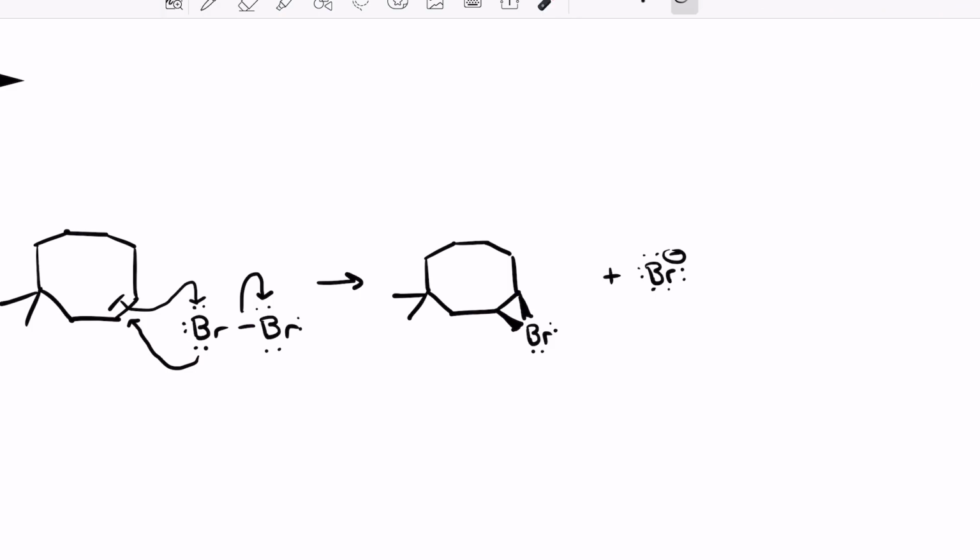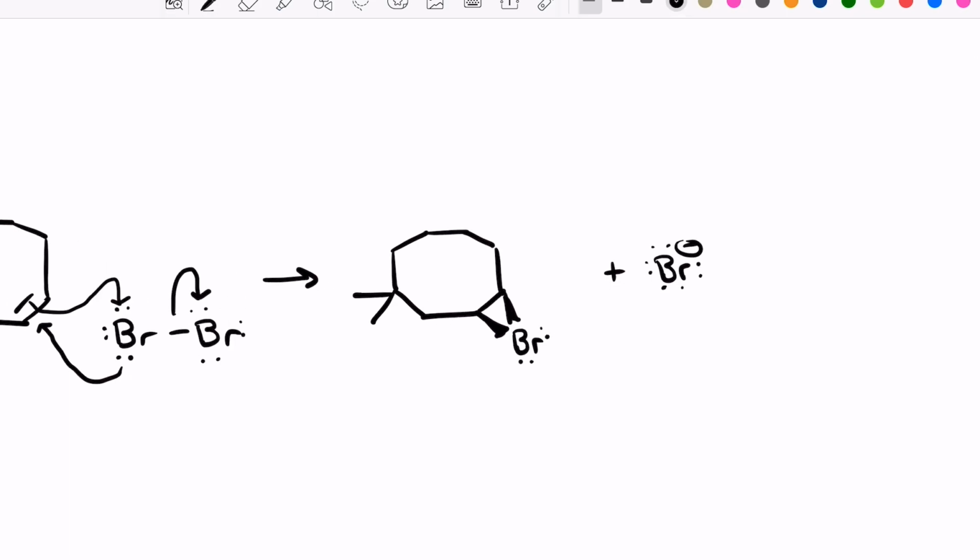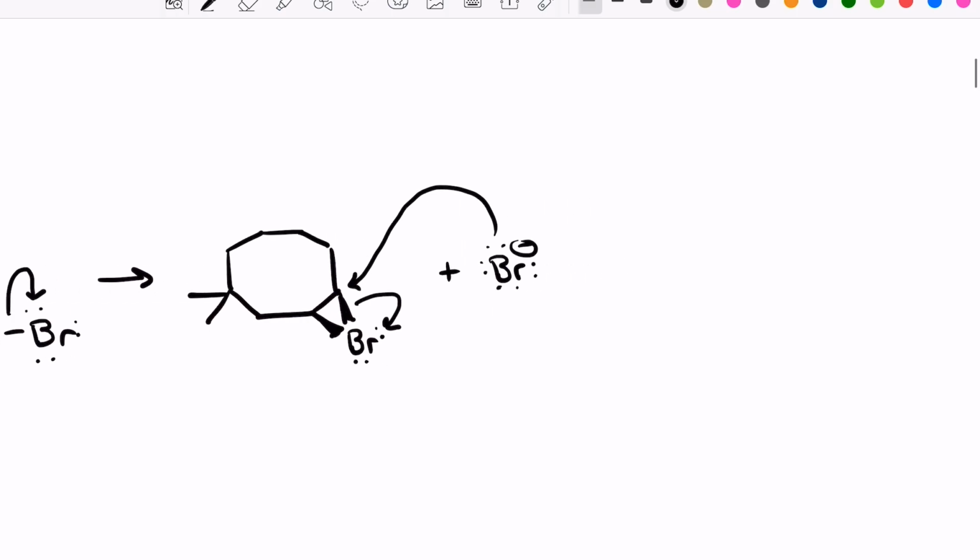Alright, so this cyclic Br right here, Br in a ring, is called a bromonium ion. So from there, your Br minus is going to attack one of these carbons, and the carbon in between the carbon that was attacked and your Br is going to go back to Br like this. I'm going to redraw.